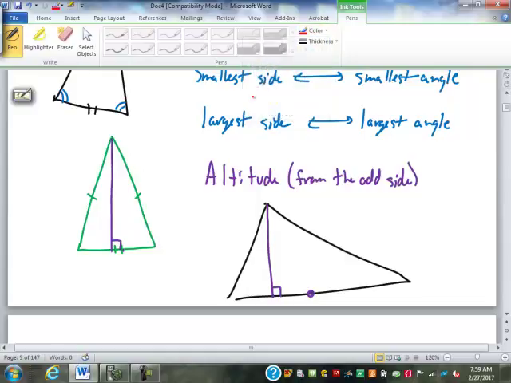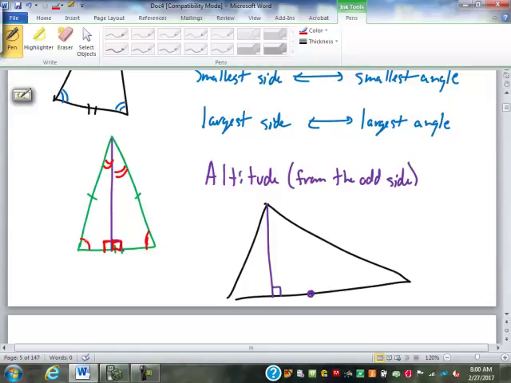Well, I drew it purposely off center like that. But we know that this angle and this angle have to be the same, right? Well, we know that this angle and this angle are both going to be right angles, correct? So those two angles have to be the same because the angles of a triangle add up to 180.